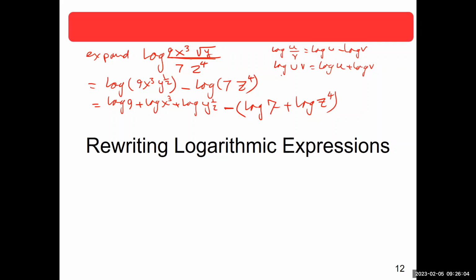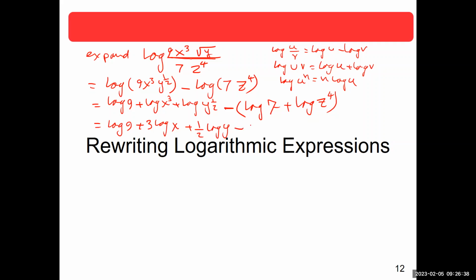We're going to use the third rule, that log of u to the power n equals n log of u. So 9 has no power, I'll leave it alone. Log of 9. Plus, I have a power of 3, so 3 log of x. We have a power of half, so plus half of log of y.